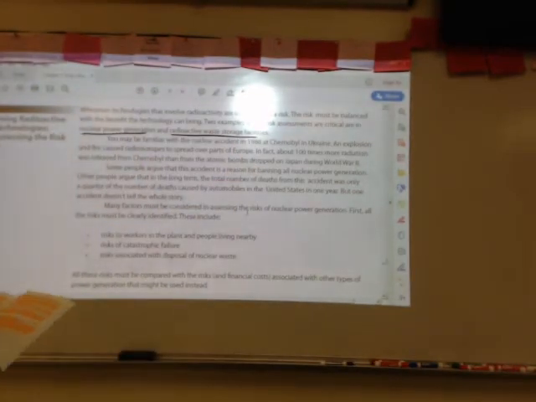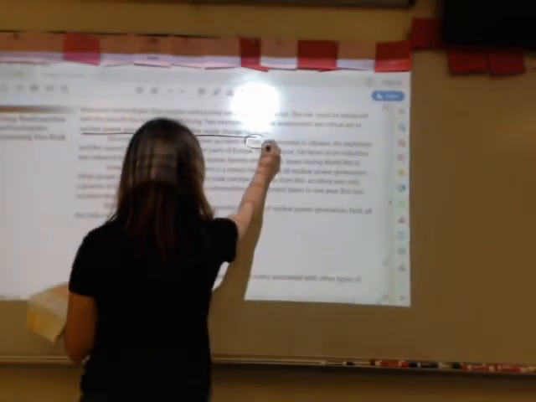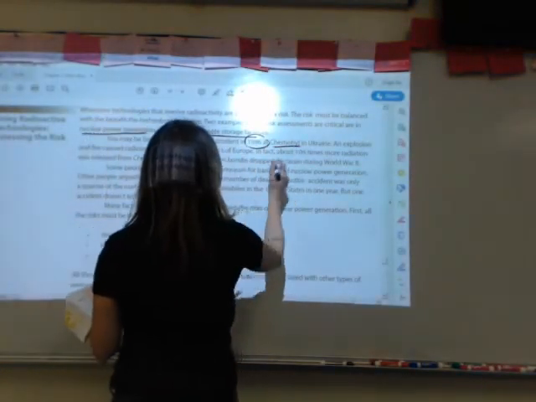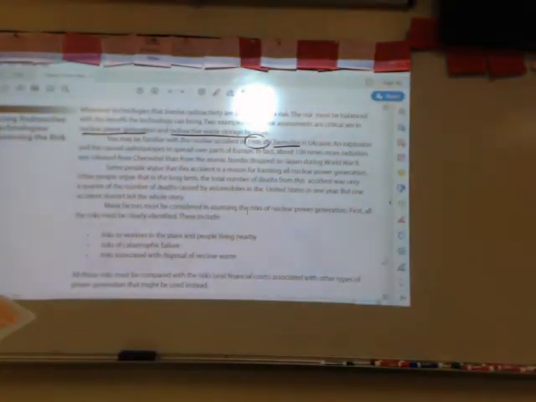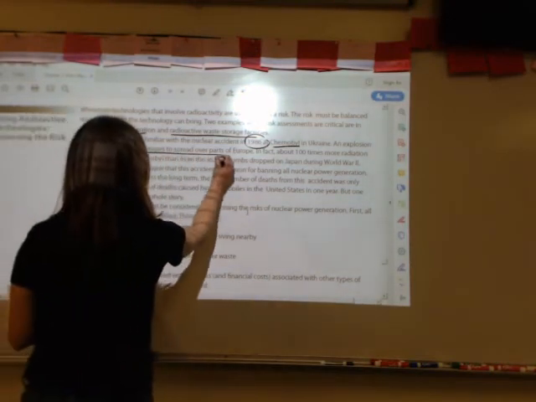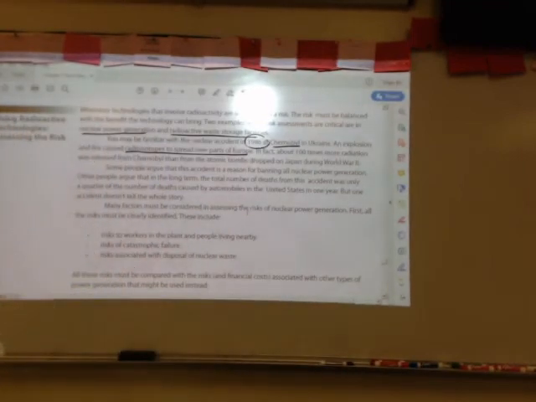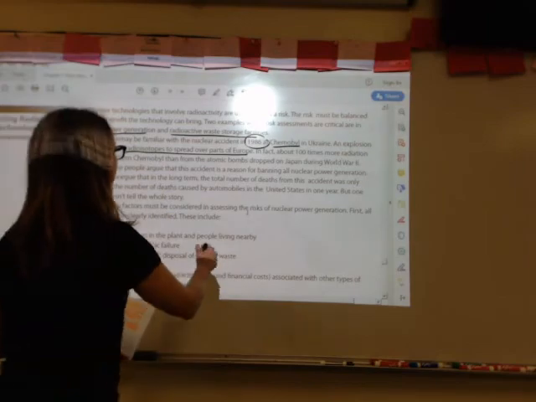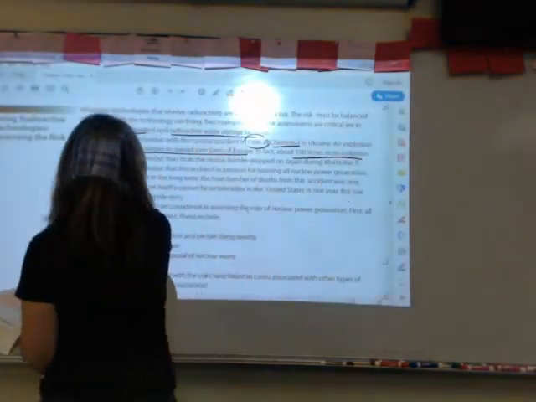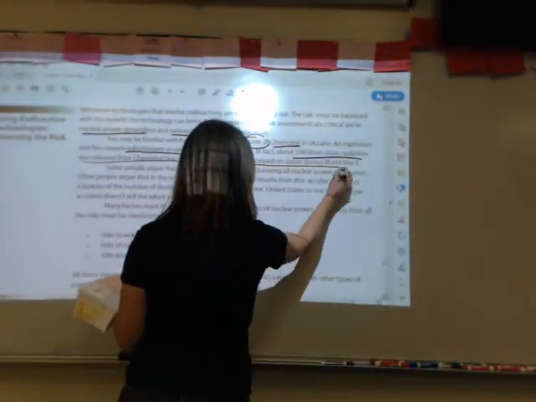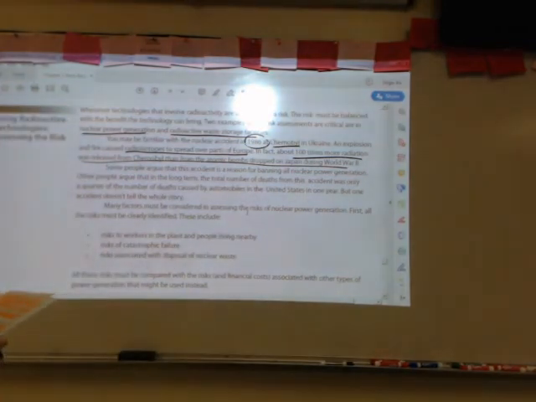You probably weren't around, but in 1986 there was a nuclear accident at Chernobyl in Ukraine. There was an explosion and a fire that caused radioisotopes to spread over parts of Europe, and it released 100 times more radiation than the atomic bombs dropped on Japan during World War II.